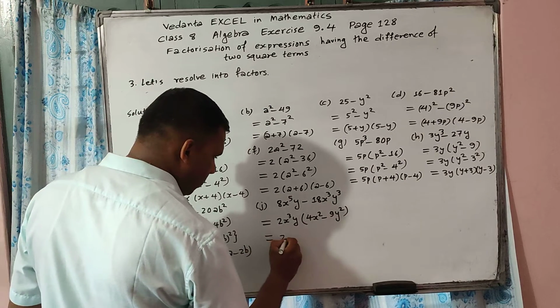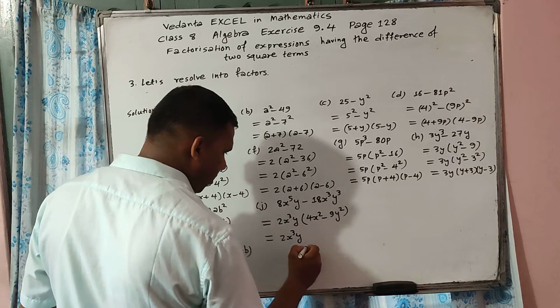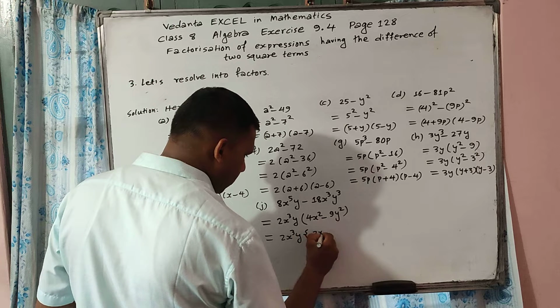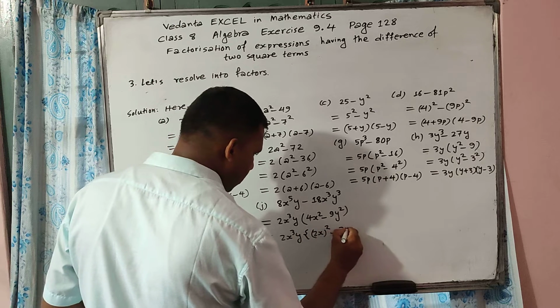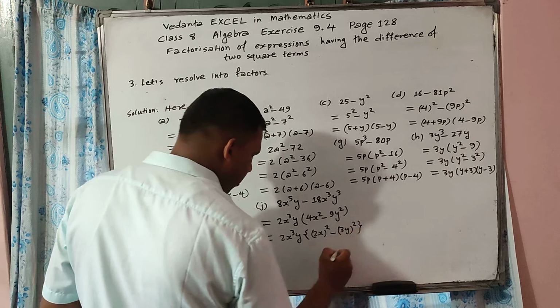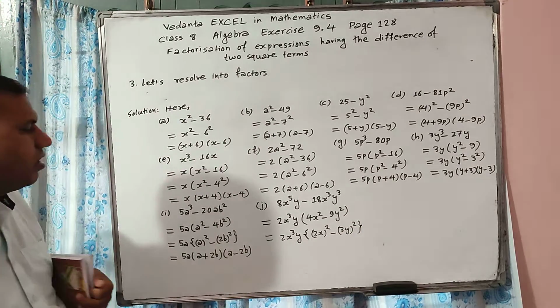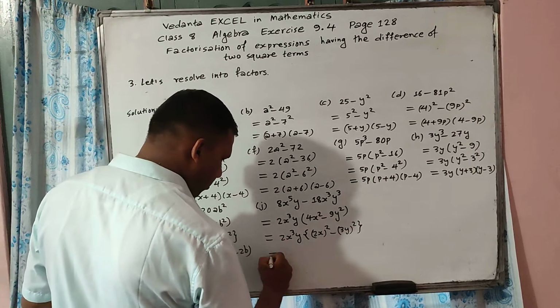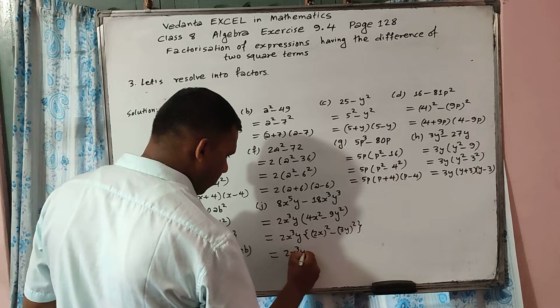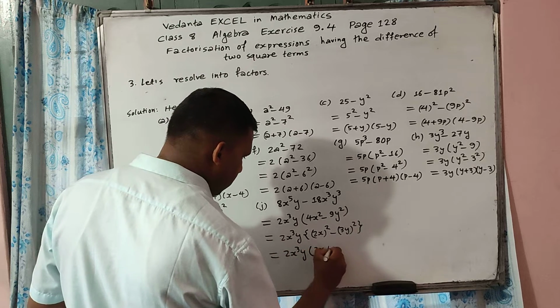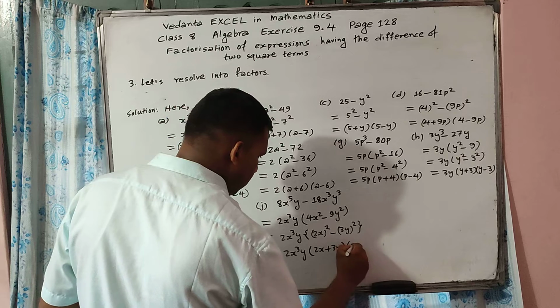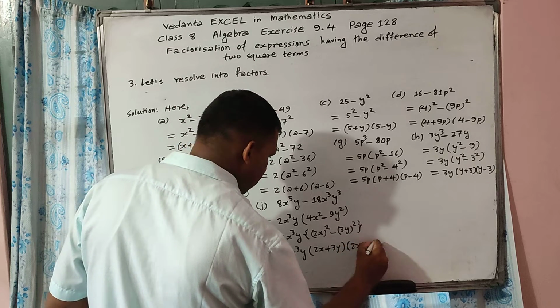This is equal to 2x cube y into (2x) whole square minus (3y) whole square, making a square minus b square form. Then this is equal to 2x cube y into (2x plus 3y)(2x minus 3y).